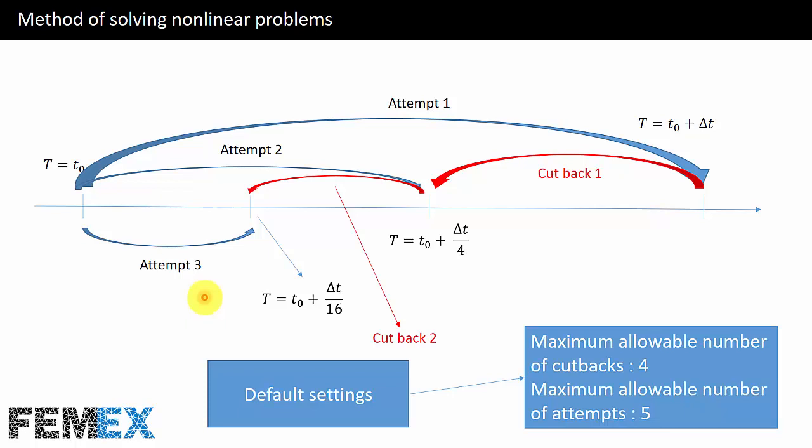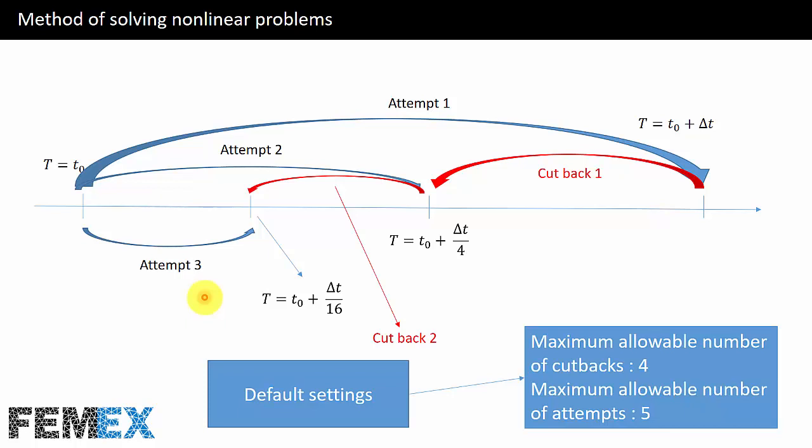Please notice that one case is iteration and the other is attempt. They are different. For example, in increment I, Abaqus chooses the size of the delta T, and then by using the Newton-Raphson method, it iterates until it finds the converged solution.